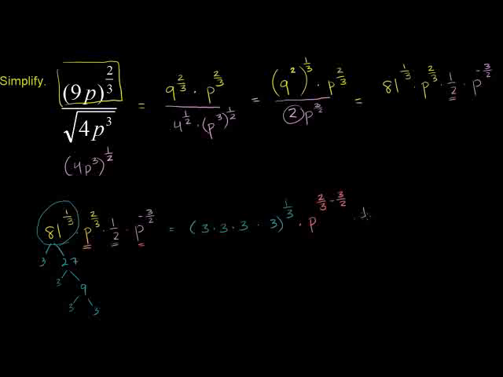This 81 we could view as 3 times 3 times 3 times 3, so it's 3 times 3 times 3 to the 1/3 times 3 to the 1/3. We've done this multiple times.